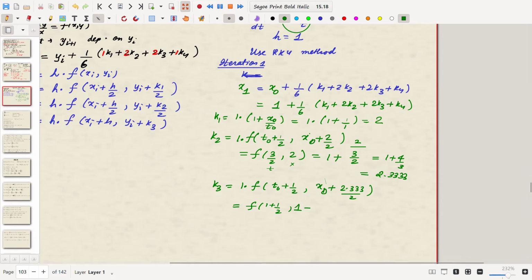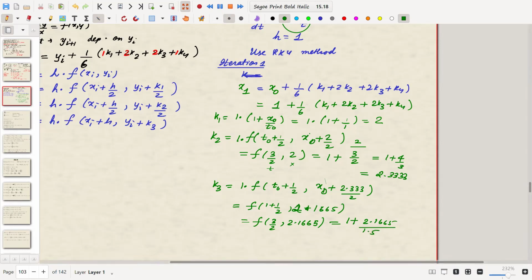X naught is 1 already. 1 plus 2.333 by 2. So f of 3 by 2, comma, 2.1665. So this is 1 plus x by t. So this is 1 plus 2.1665 divided by 1.5. What is this value?